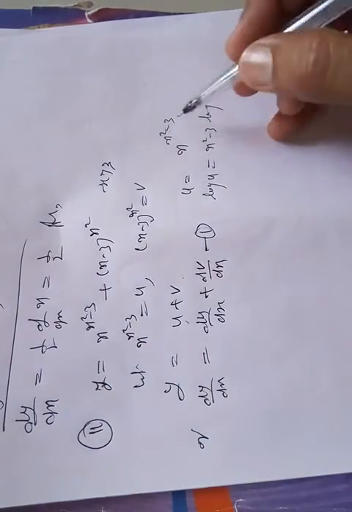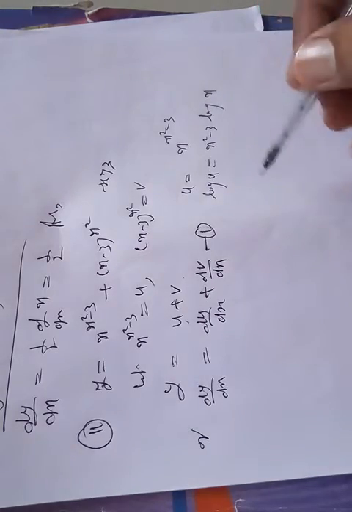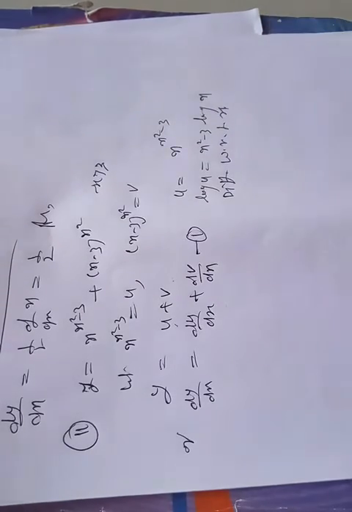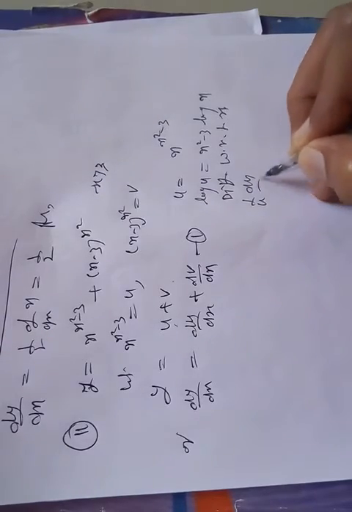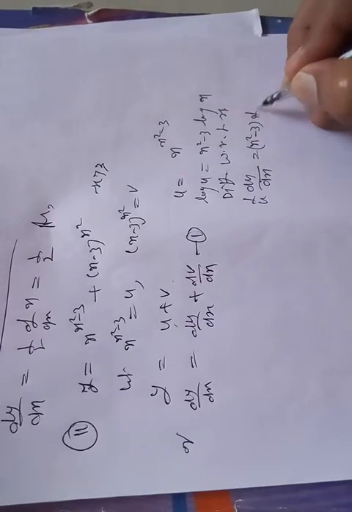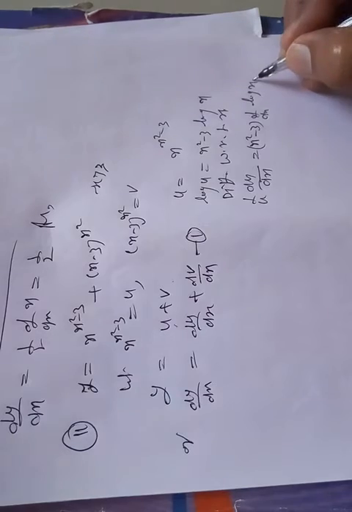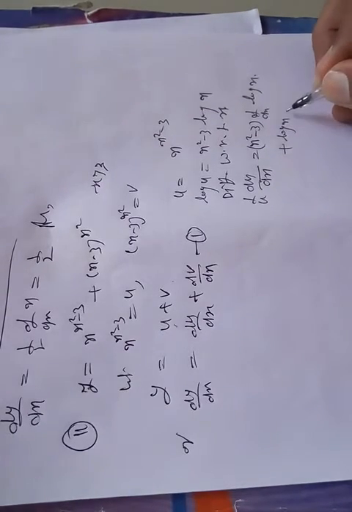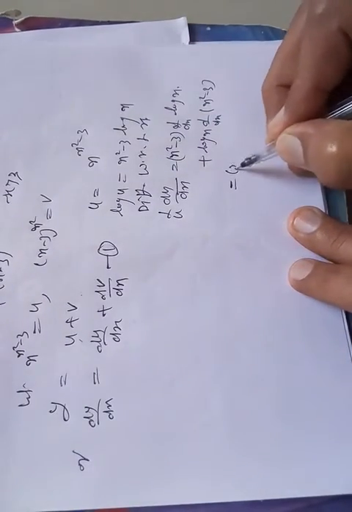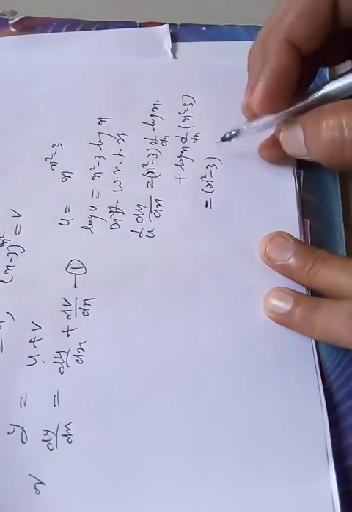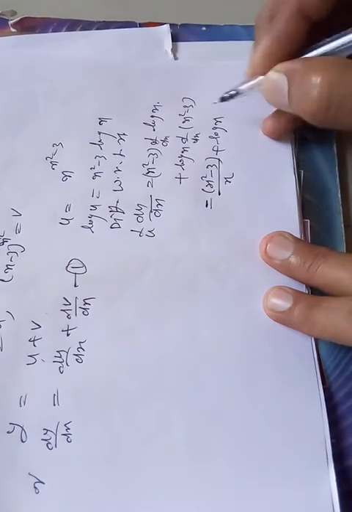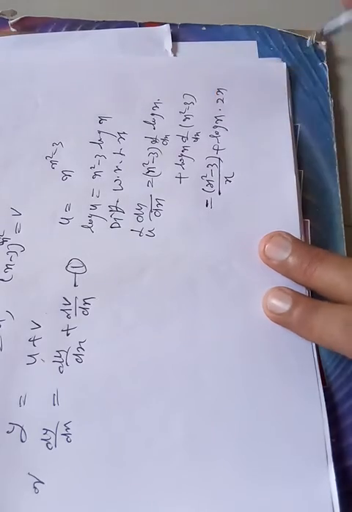Differentiate with respect to x: 1 upon u du/dx equals (x square minus 3) d/dx of log x plus log x d/dx of (x square minus 3), which is (x square minus 3) upon x plus log x into 2x.